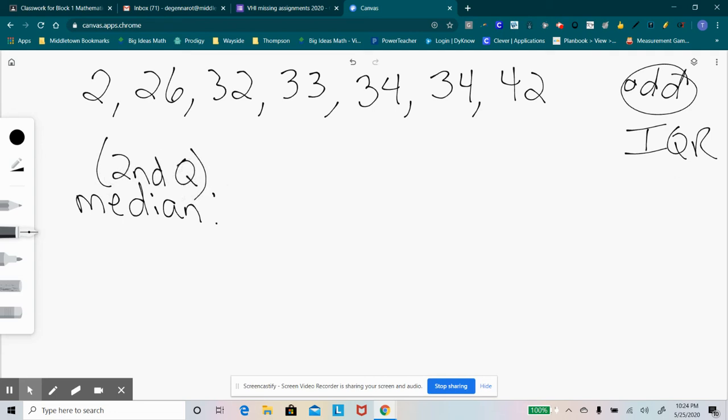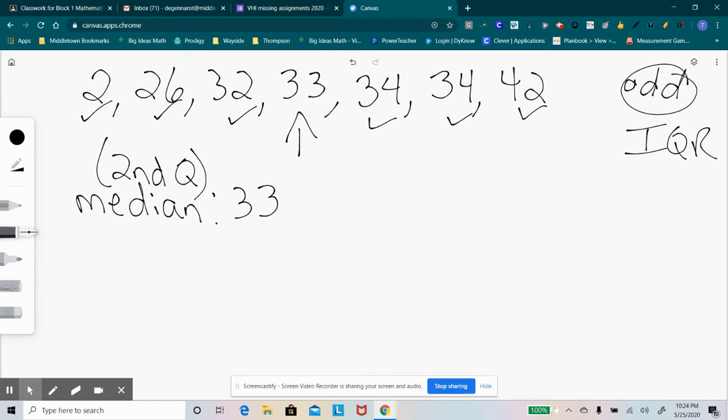Okay, so we're going to start from our ends, and we're going to keep on taking our pairs till we get to the end. And what's great about the odd number data set is that you're going to go directly to your median, and our median is 33. So we don't need to add the middle 2 and divide by 2 because we get an exact number.